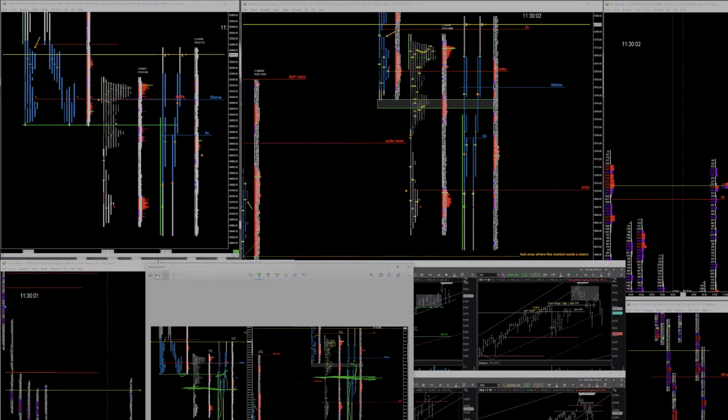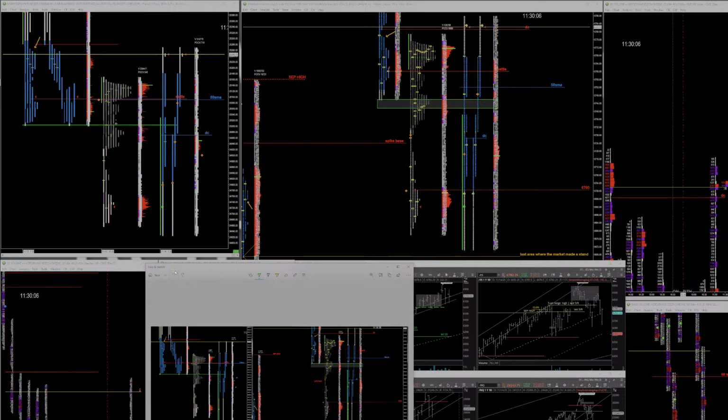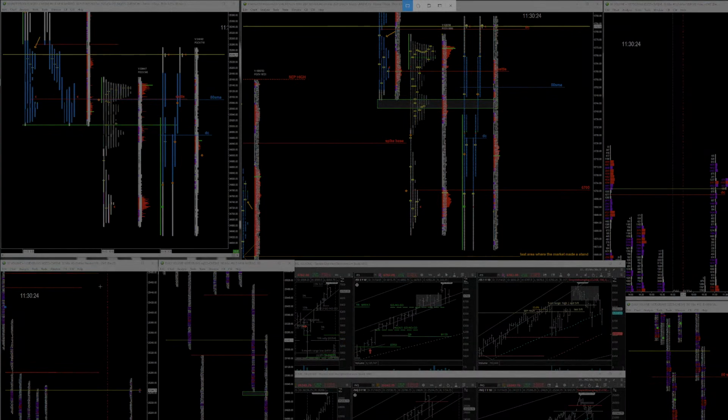But short covering anyways. And when the market closes the gap, the next thing I start to see is value, what happened to value. But before I start monitoring the value, what I'm checking now is that this is a trending day. It has been so far a trending day. There are some accumulations, as you can see, in the daily.